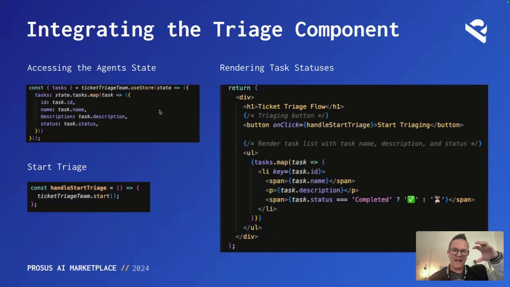He will use a store because KaibanJS provides all the state of the agents in a global store that you can plug into your application and have access to everything the agent is doing in real time: the tools he's using, the amount of tokens he's using, whether he's getting any errors, how many agentic cycles he completes, and all that. To represent the work, you see here on this component that he has the list of tasks and is just representing the state, really easy and quick.